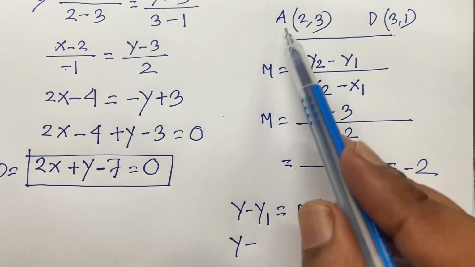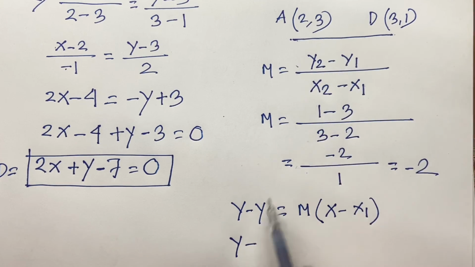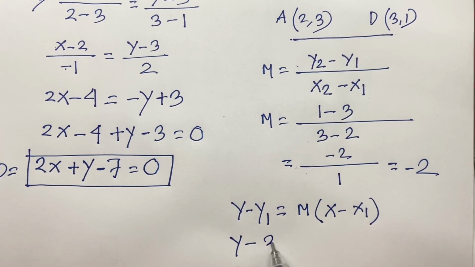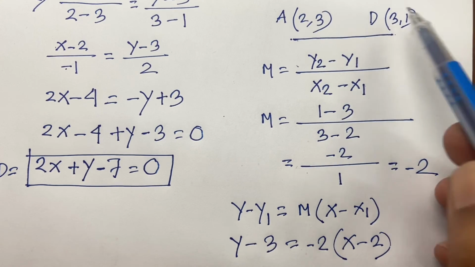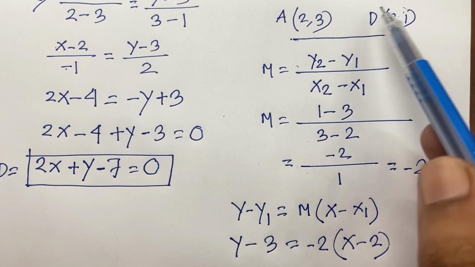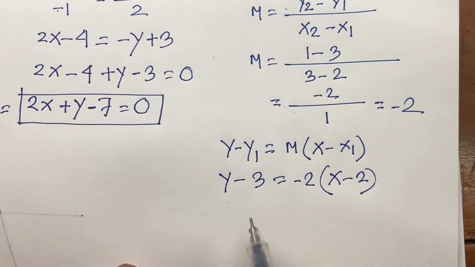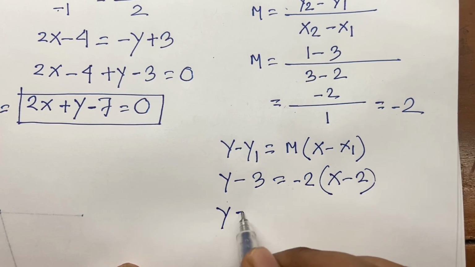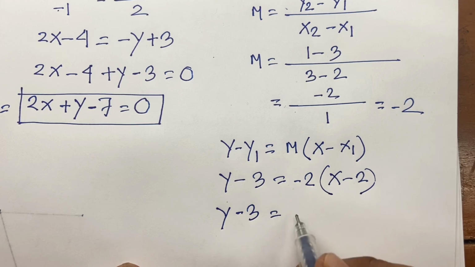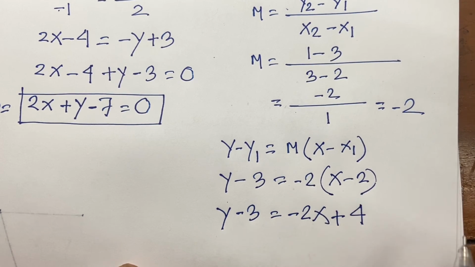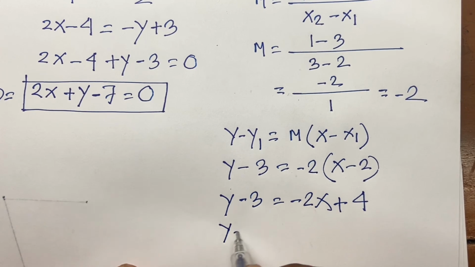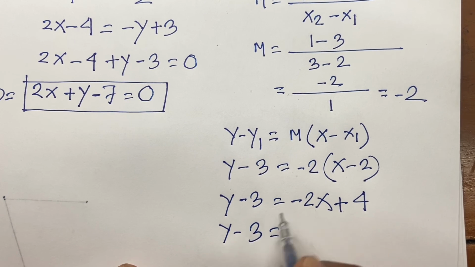So I use the point (2, 3), so y1 is 3, m is minus 2, x1 is 2. Now you can use the other point too, you will find the same answer. So here y minus 3 is equal to minus 2 times (x minus 2), minus times minus is plus, 2 times 2 is equal to 4.